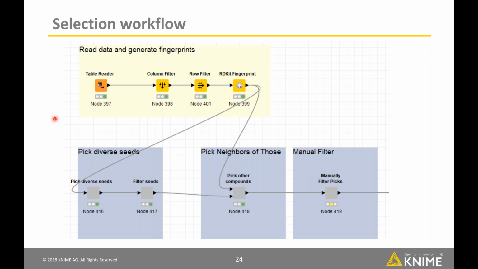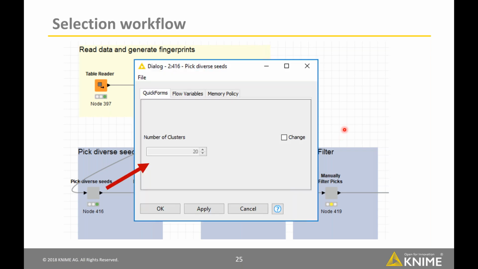And as I said, for that, we're going to do this two-step process of picking a series of diverse seeds and then picking neighbors of those so that we have a bit of coverage of the chemical space and then a bit of SAR. And then in the last step of this, we're going to have a manual filter where we can actually look through the compounds and throw out the ones that we don't like. So let's go through this again step by step.